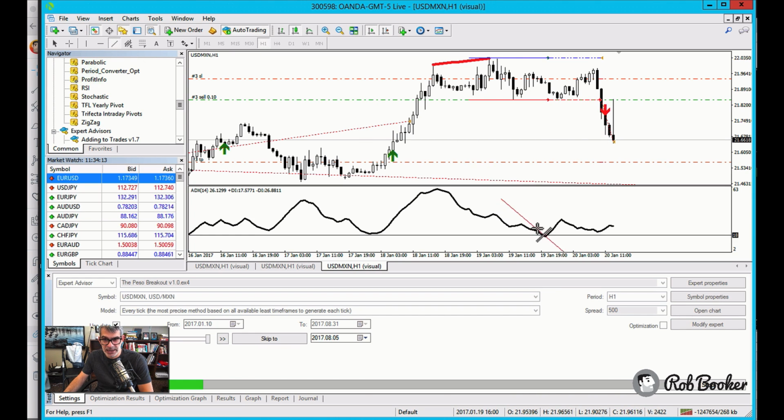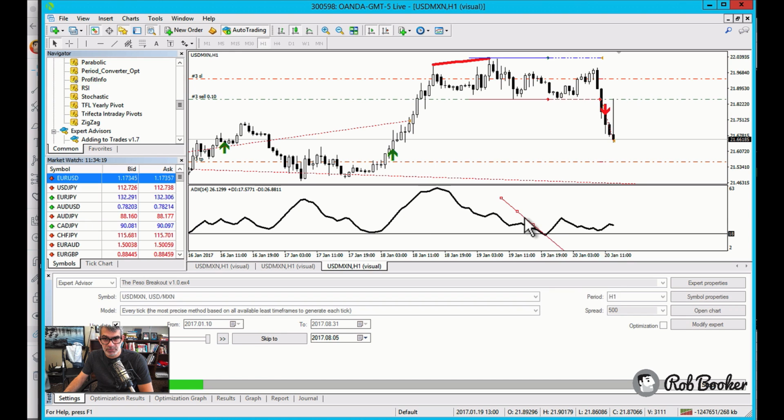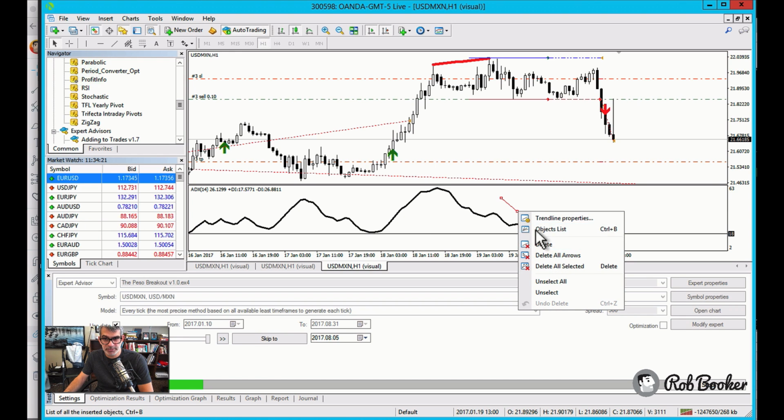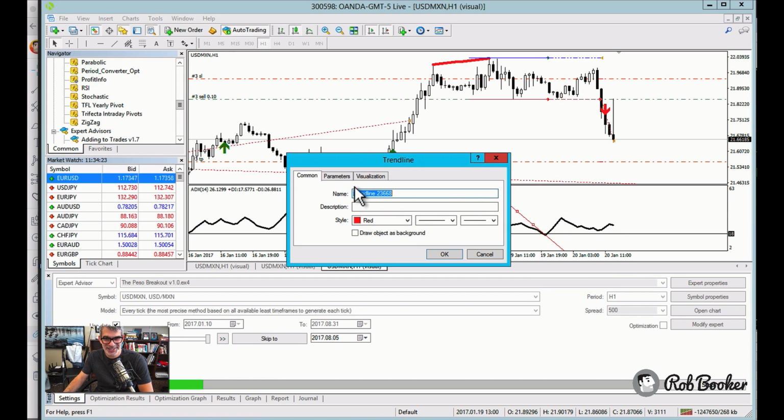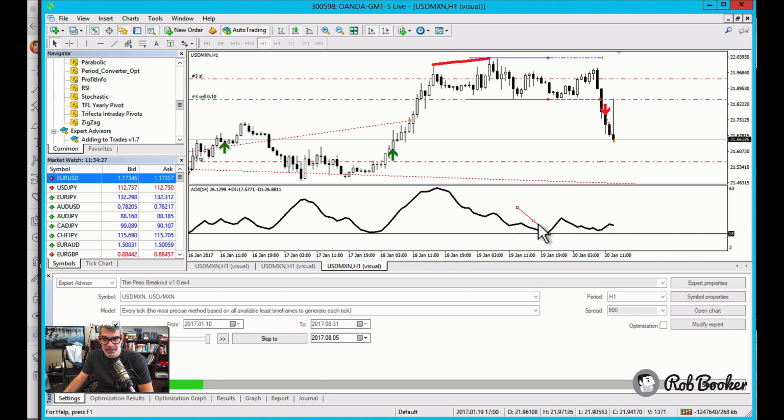As you can see, the ADX dropped below 18. And I was trying to draw a line here. There we go. So you can see the ADX dropped below 18, and then the robot drew a box around price.